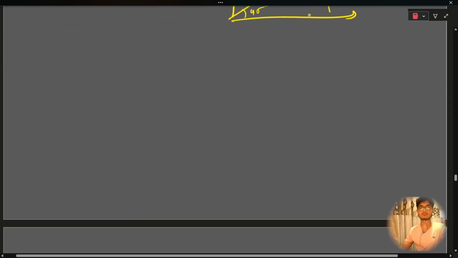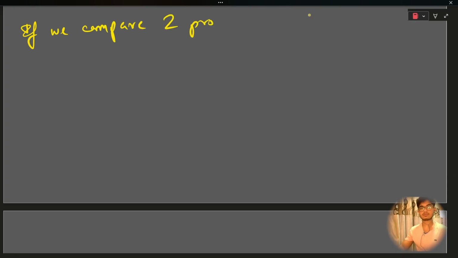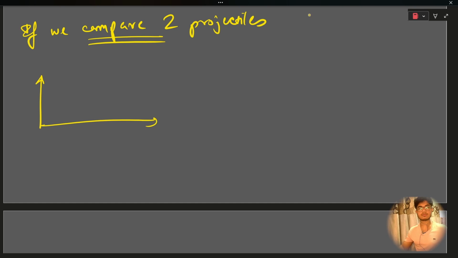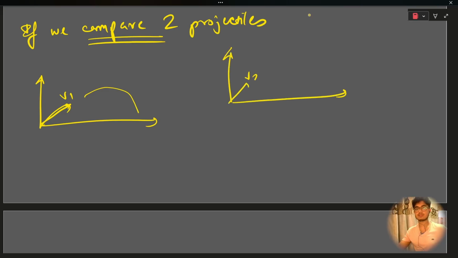Now, if we compare two projectiles, suppose this one has velocity v1 here, and this one has velocity v2.